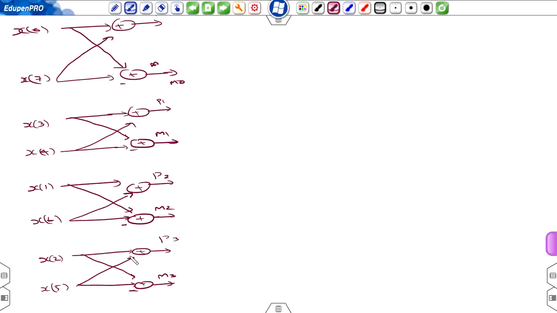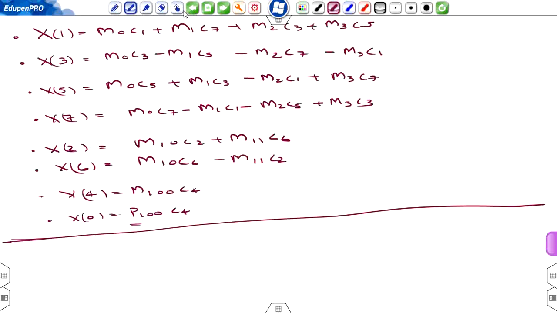Okay, so now suppose using this we want to generate x1. So x1 is m0 c1, m1 c7, m2 c3 and m3 c5. So first we have to add these two terms, then we will add these two terms, and then we will add their result. Okay, because we are using a two input adder.